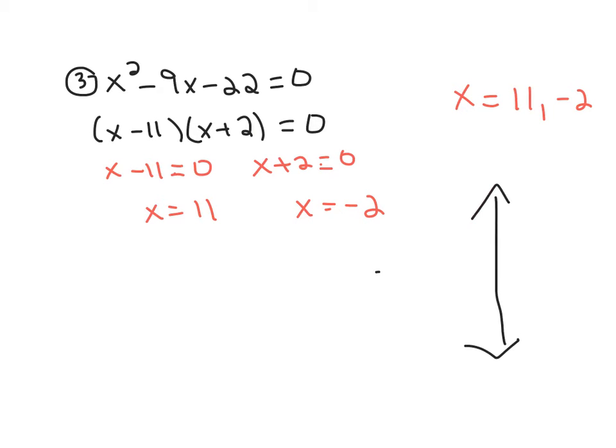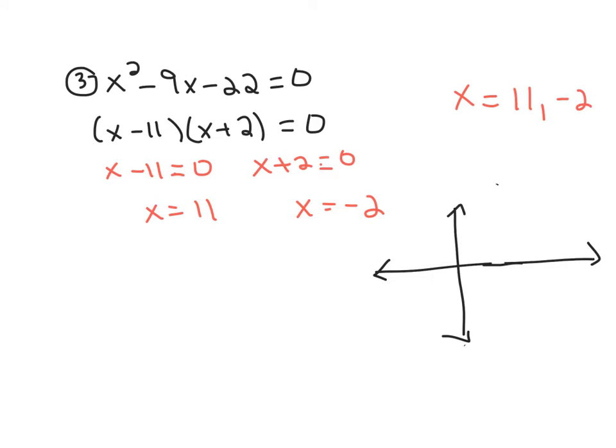It's a parabola. If you were to graph it, let me move this part over just a little bit. Okay, so now we're going to say this is about -2. I'm totally estimating, and down here is 11.